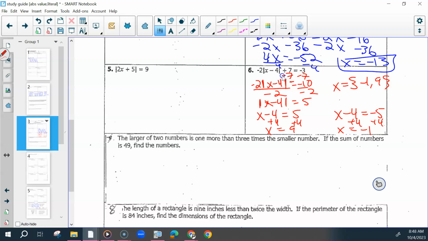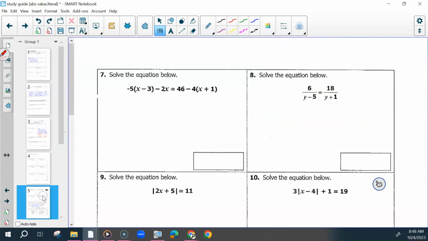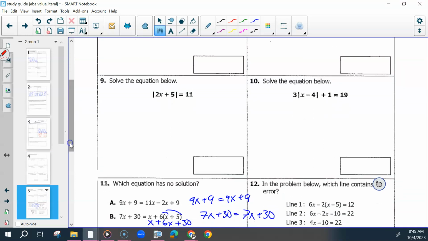Once you finish writing that one, skip the back of that page, go on to the next page, numbers 9 and 10 on that one. Either of those you want to see me go over? Skip the back of that page.